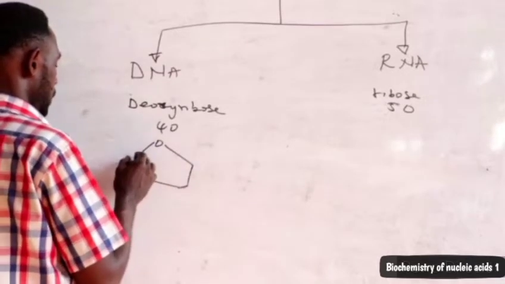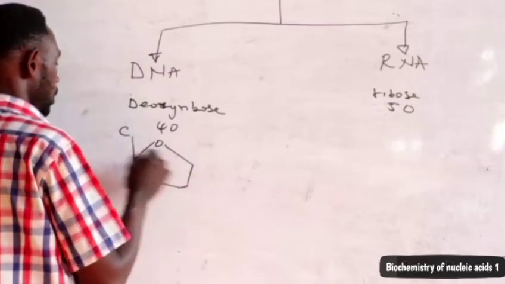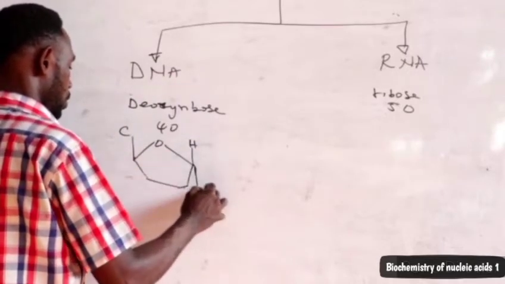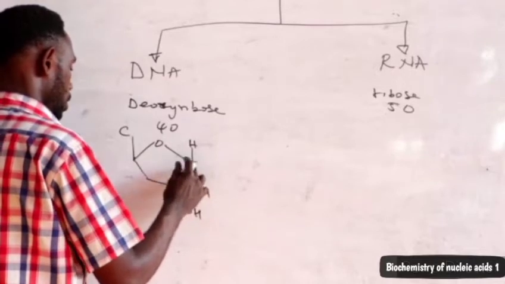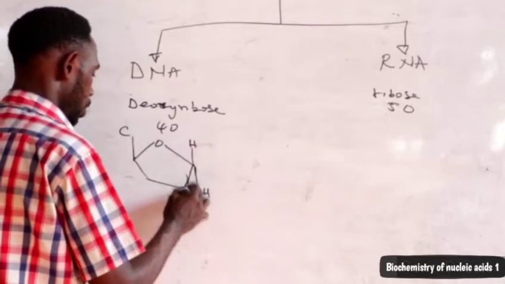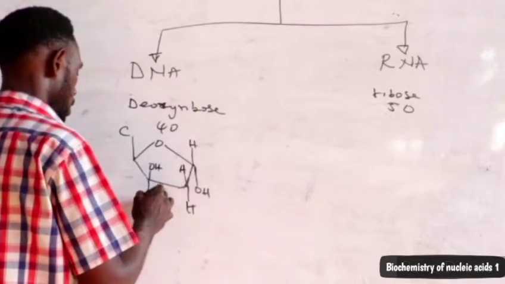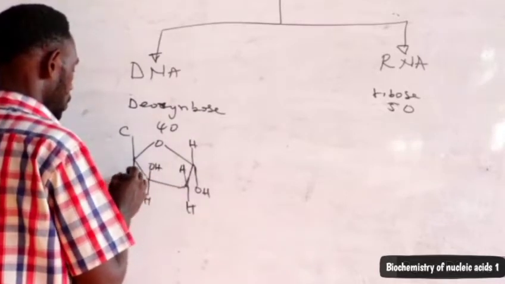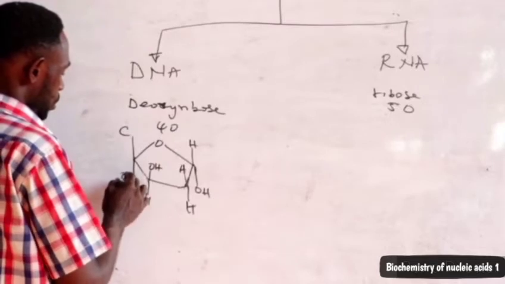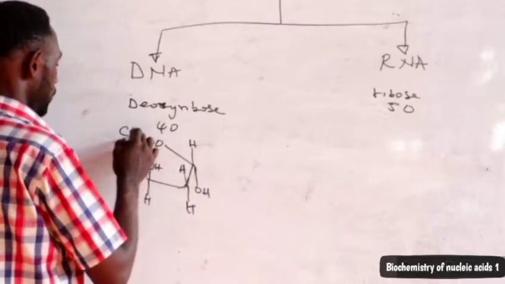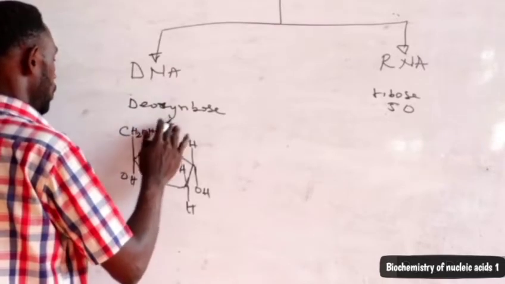So here we have H and OH. That's the major difference. And this one we have also OH, and this will have CH2OH.